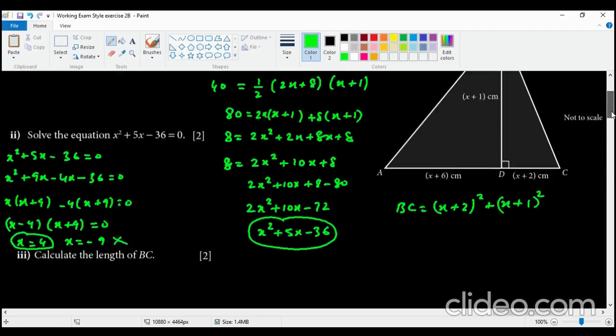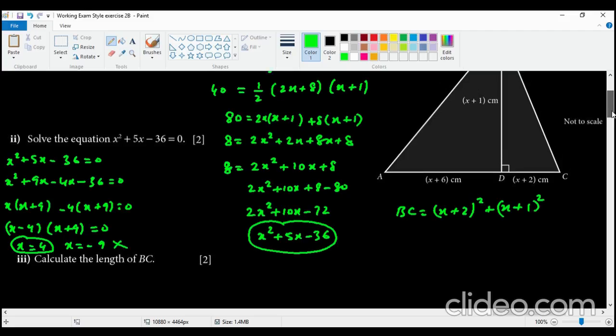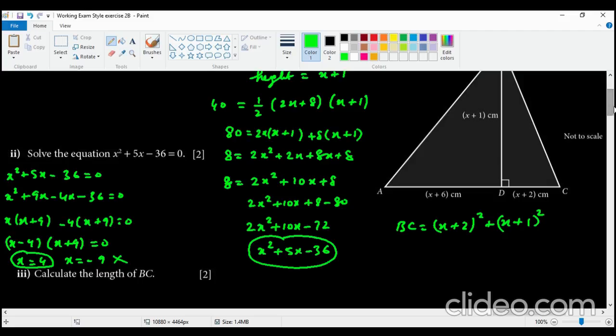We can find out very easily, since we know x is equal to 4, that 4 plus 6 is going to be 10. So the distance of AD is 10, and DC is 4 plus 2, which is 6. This is equal to 6, and the height is 5.